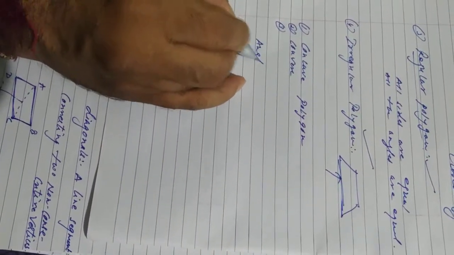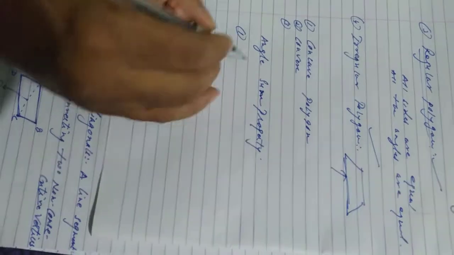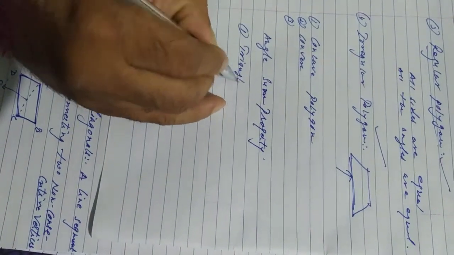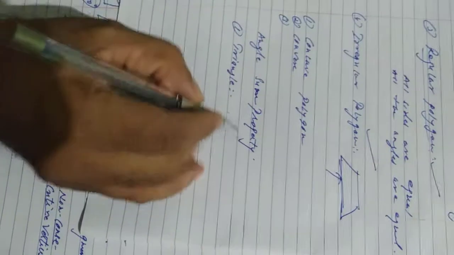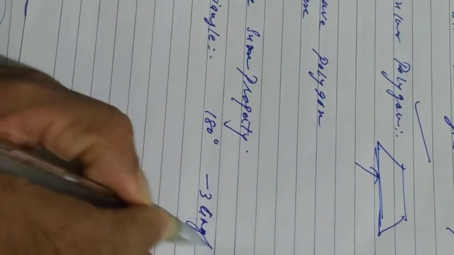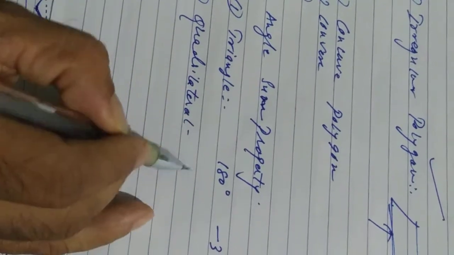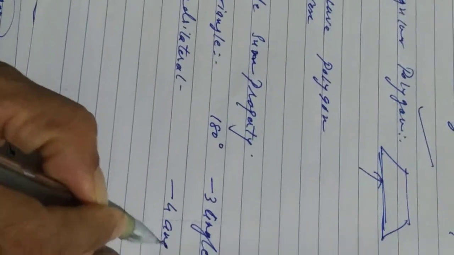Now then angle sum property, which is one of the most important points. Already we have learned about the angle sum property of triangles, right? What is the measurement of it? 180 degrees, right? How many angles are in a triangle? 3 angles. As here it is a quadrilateral, how many angles do we have? 4 angles, right?